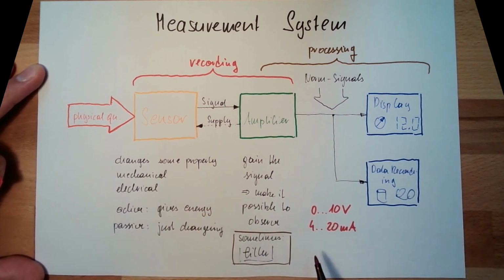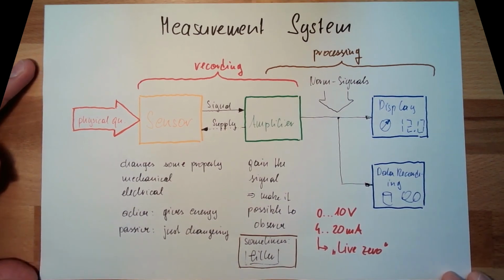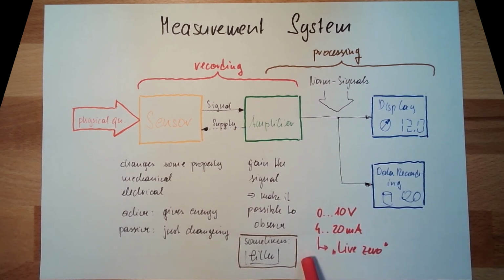Yeah? Why is this 4? This is a so-called live zero. Why we use this, we will see in an upcoming video of this series. Okay. So there are a number of norm signals defined. These ones are very usual: 0 to 10 volt and 4 to 20 milliamperes. Unipolar signals.